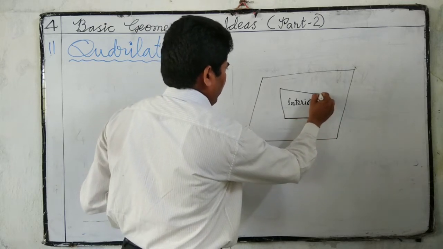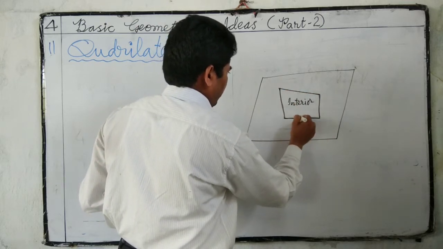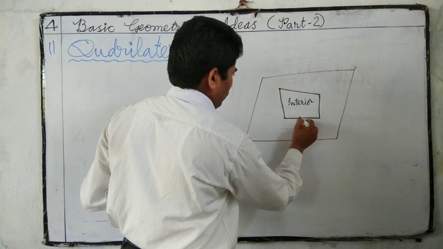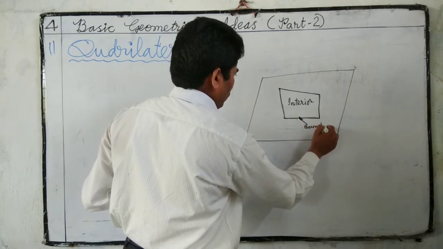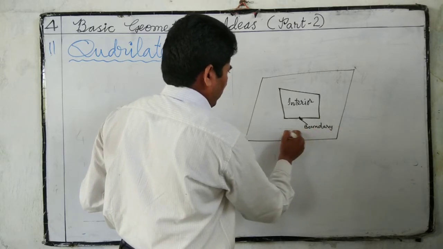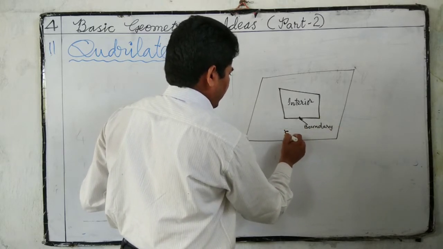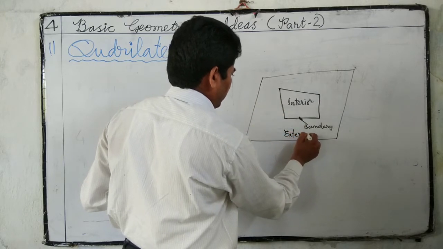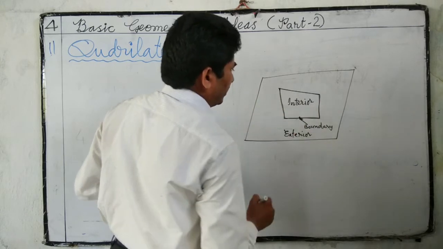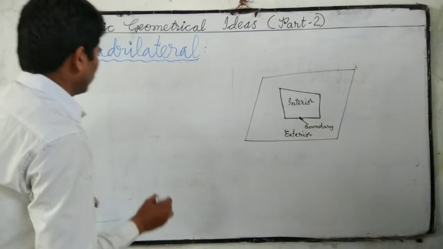This is boundary of the quadrilateral. And exterior of the quadrilateral, this outside, exterior of the quadrilateral.